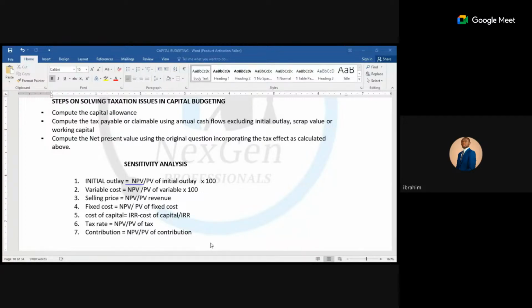If not, the NPV will become zero. When you are talking about the cost, you should not allow it to increase. But when you are talking about inflow, you should not allow that percentage to fall below 50%. If not, the project will be what? Will be negative or zero. That is the analysis between the cost and the what? Between the cash outflow and the inflow.